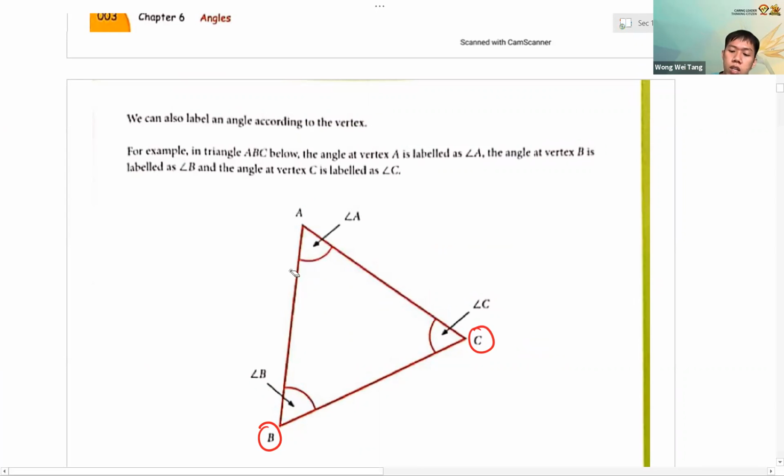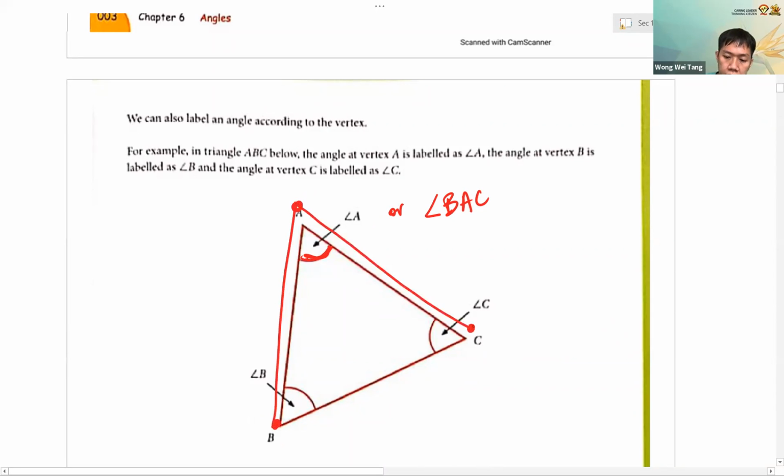Okay, so in this case, this particular angle, we can call it angle A, or we can call it angle BAC. Okay, so take a look. When I call it angle BAC, I start from point B, I go to point A, and I go down to point C. This angle is our angle BAC.